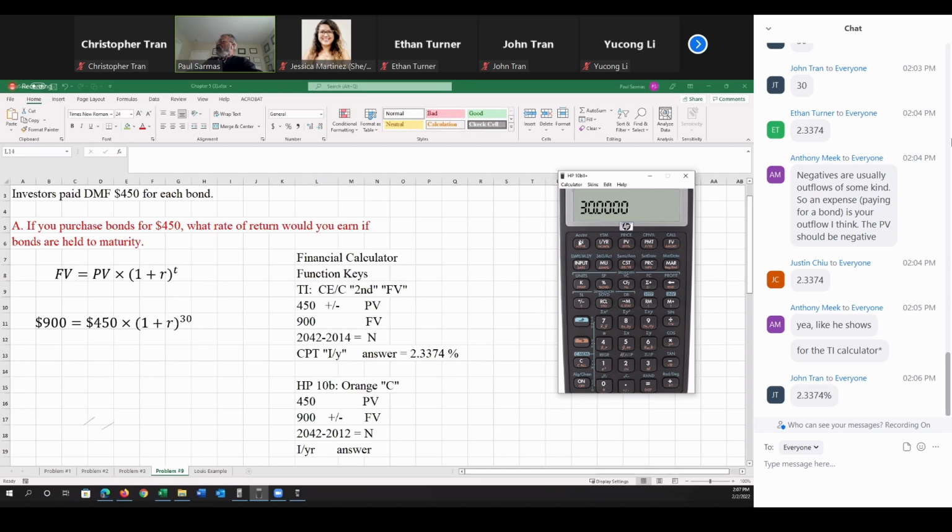I press N and I press I/YR. It gives me the exact same answer, 2.3374.